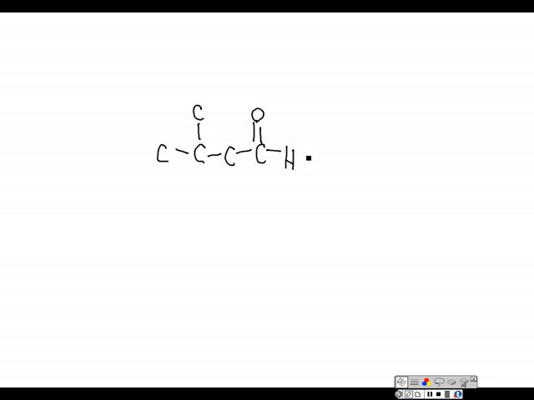I want you to try to draw both the products of the oxidation of this aldehyde and of the reduction. So if we add H2, what happens if I reduce it? So I add platinum. So take a moment, pause the video, and try to draw both these structures.